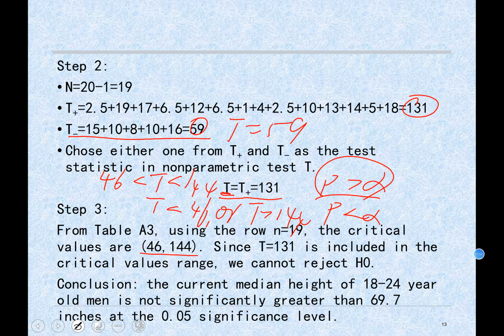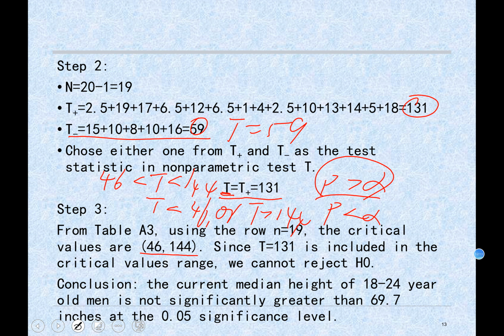Okay, so according to our result, since t equals 131, which is included in the critical values range, we cannot reject H0 because P is bigger than alpha.